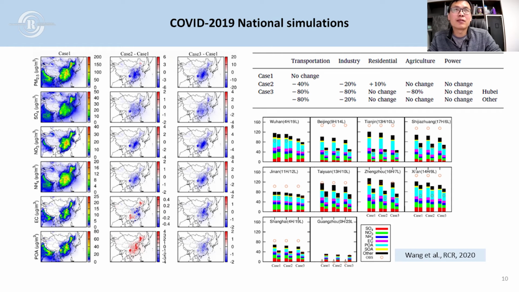So black carbon, the elemental carbon, and the primary organic aerosols from this increased. This is actually correlated well with the emissions. So we can also look at the figure on the right.